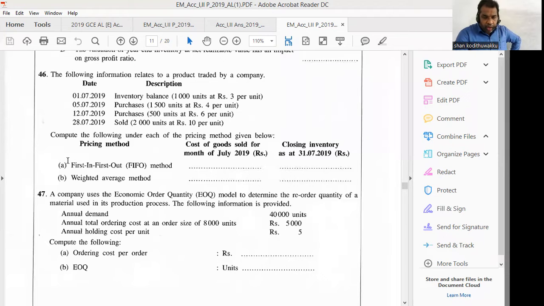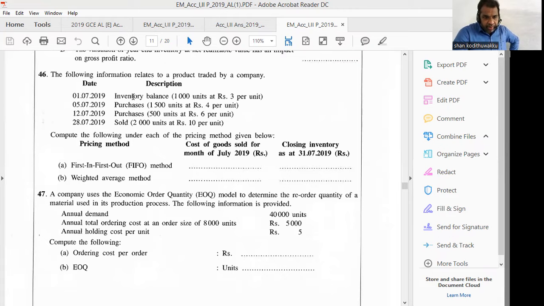You are given parts A and B: under the first in, first out (FIFO) method, you have to show the cost of goods sold and closing inventory. Under the weighted average method, you also have to mention cost of goods sold and closing inventory. You can take only 4 marks, so you can't take more time to calculate the answer. Therefore, you must understand what is given in the question.